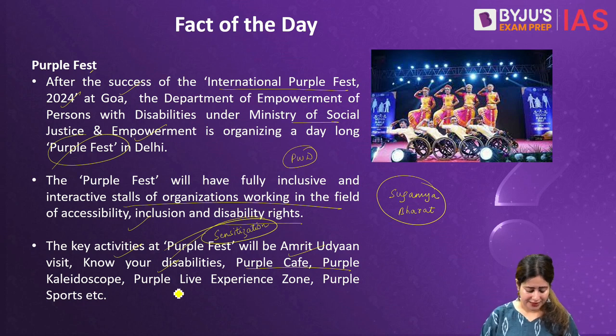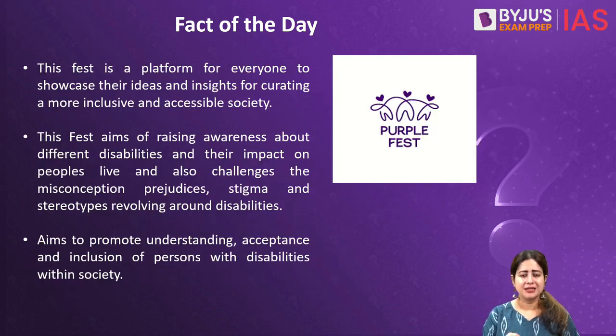Apart from that, we will have initiatives like Purple Kaleidoscope, which means various shades, various colors of initiatives taken by the government to promote the help of these people. Apart from that, we will talk about sports. Hence, it will be an event that is talking about many fields, many ways to help people with special needs.